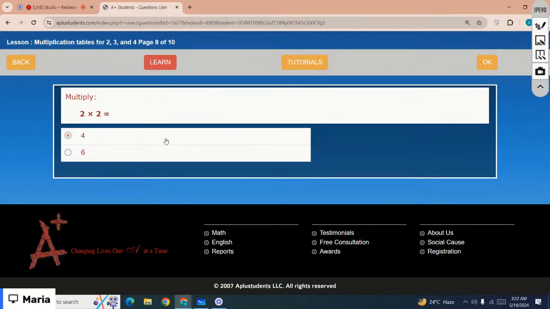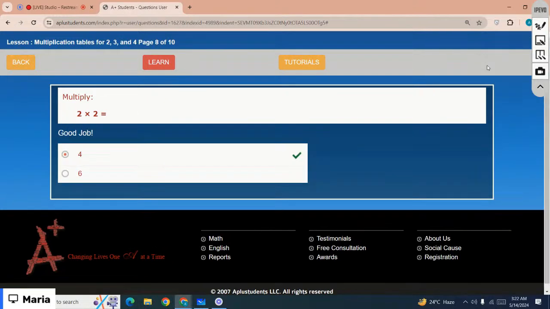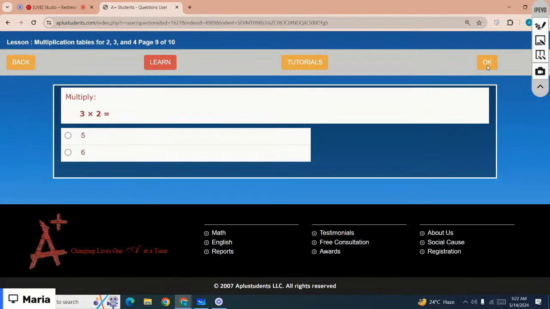The correct option is 4. 3 times 2 equals.